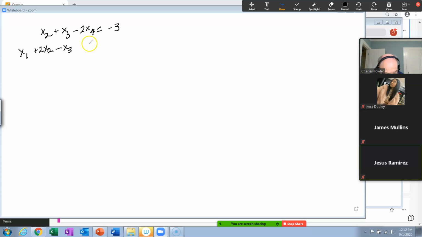It helps a little bit if I slow my writing down. That's equal to 2. Next equation, 2x sub 1 plus 4x sub 2. See, it doesn't like to write 4s. Plus x sub 3 minus 3x sub 4 is equal to minus 2.